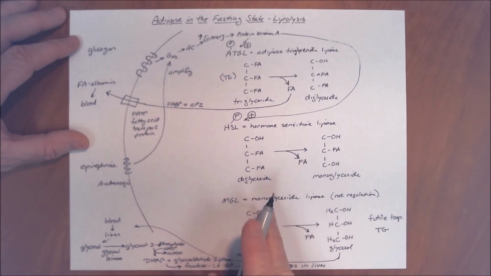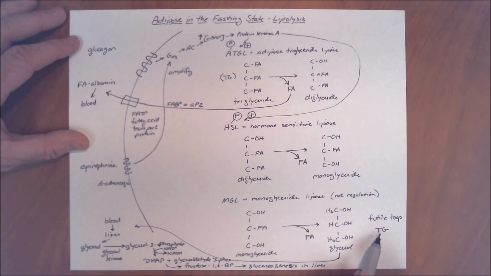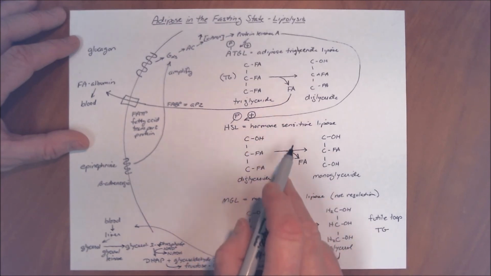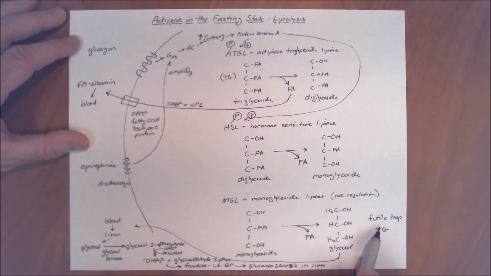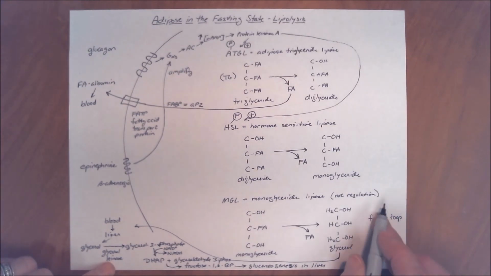So during the fasting state, we want to release the fatty acids into the blood, and we prevent the resynthesis of triglycerides once these fatty acids are released by preventing the formation of the backbone. Recall the glycerol 3-phosphate that is necessary for triglyceride synthesis comes from glycolysis in a fed state in adipose. So the absence of glycerol kinase in adipocytes prevents this futile loop.